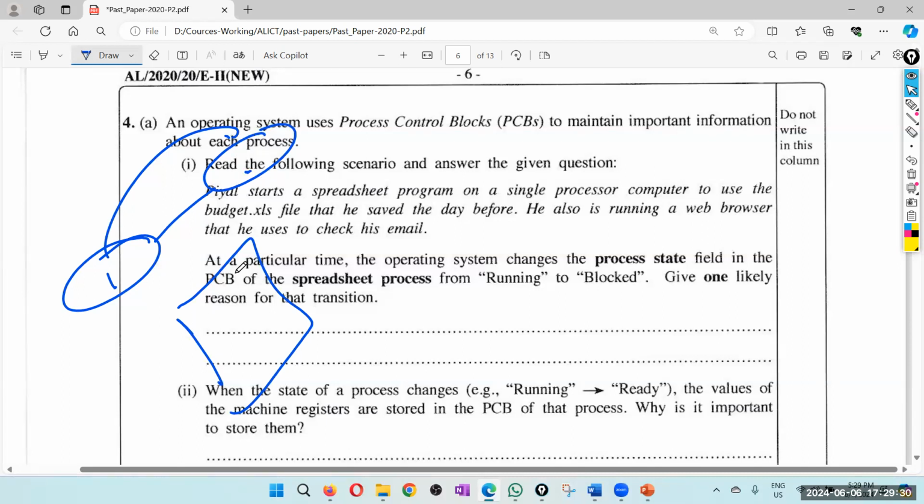Therefore the PCB has the process number, the current execution point, the values of the memory and the values of the variables, right? The open files, and so on, so that it can resume the task again. Therefore, every running process has a PCB.